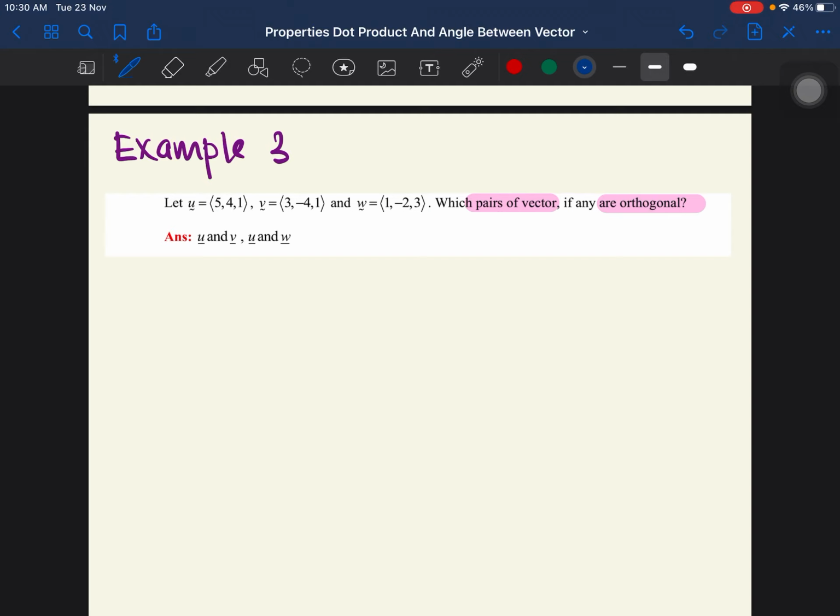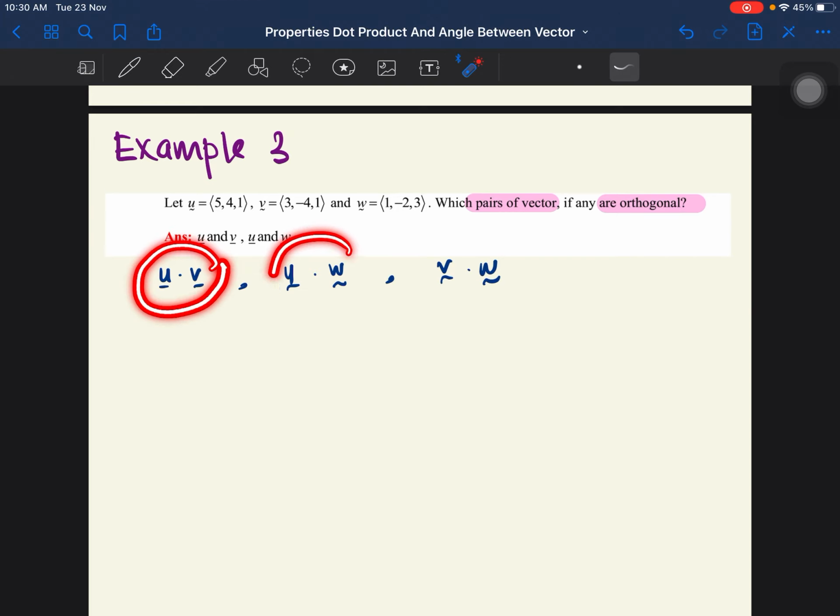Since you have 3 vectors, you might have u dot v, you also might have u dot w, and another one will be v dot w. So we have to try each pair and see which of these, if any, are orthogonal.